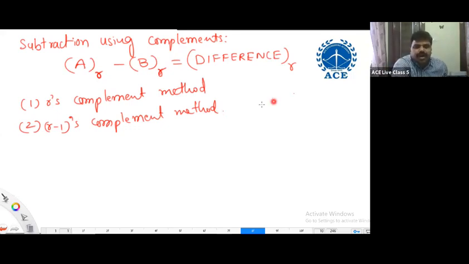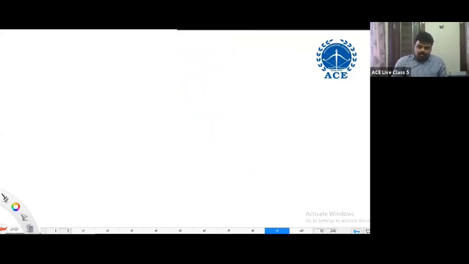So A is a number in radix R, B is a number in radix R, A minus B difference we want to get in radix R. Right. So let us see what methods we are using one by one.